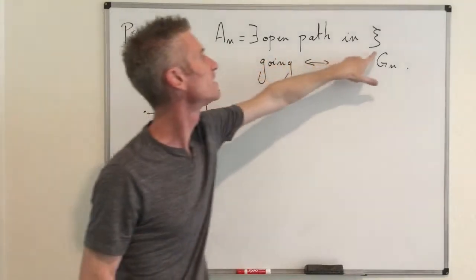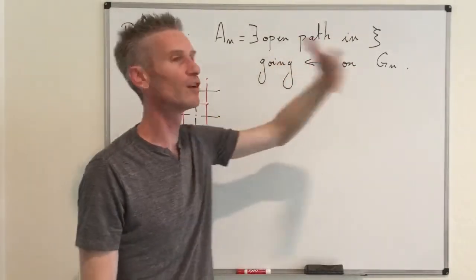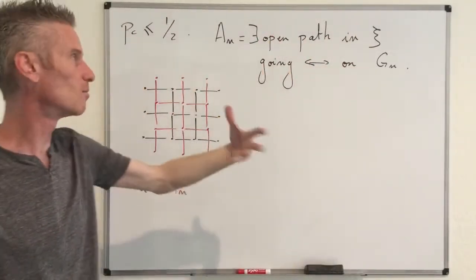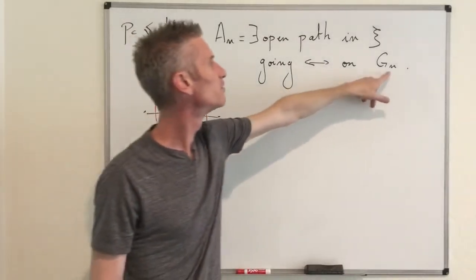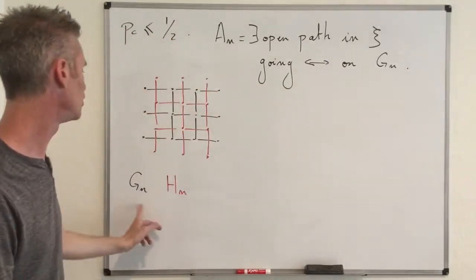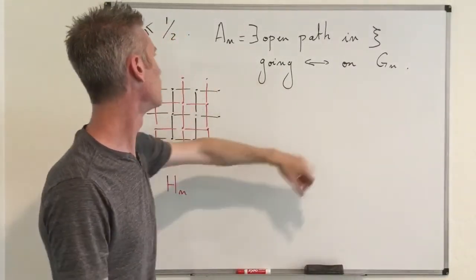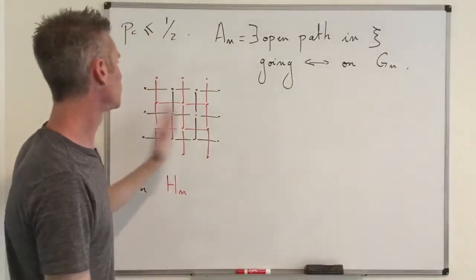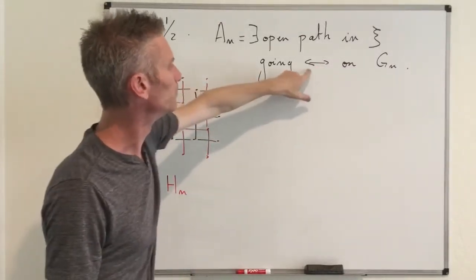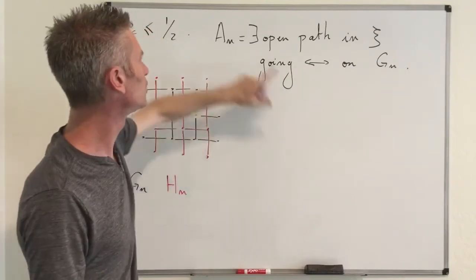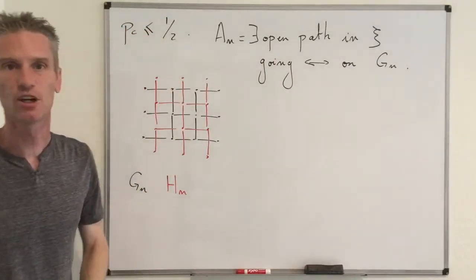I'm going to replace xi by xi hat. We look at the other marginal in the coupling of the two bond percolation processes. Instead of looking at something happening on Gn, we look at something happening on Hn. And instead of having a path going from left to right, we go from top to bottom. I'm also going to change the definition by saying that instead of an open path, we want a closed path.